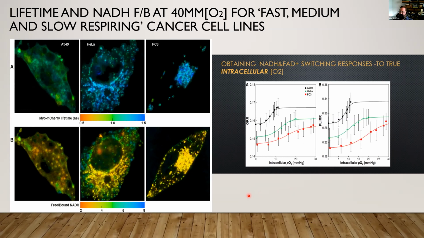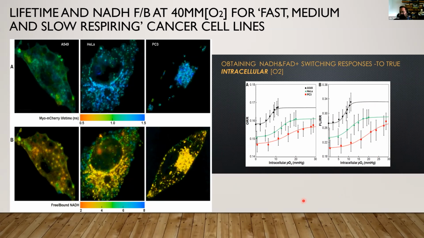And using the free bound ratio of NADH, again from lifetime, you can watch how the Warburg effect of becoming more glycolytic is delayed as you go anoxic in the fast cells, where it starts to switch to glycolysis much earlier in the slow growing prostate cancer cells. So these are the kind of things that are enabled by measuring the oxygen.